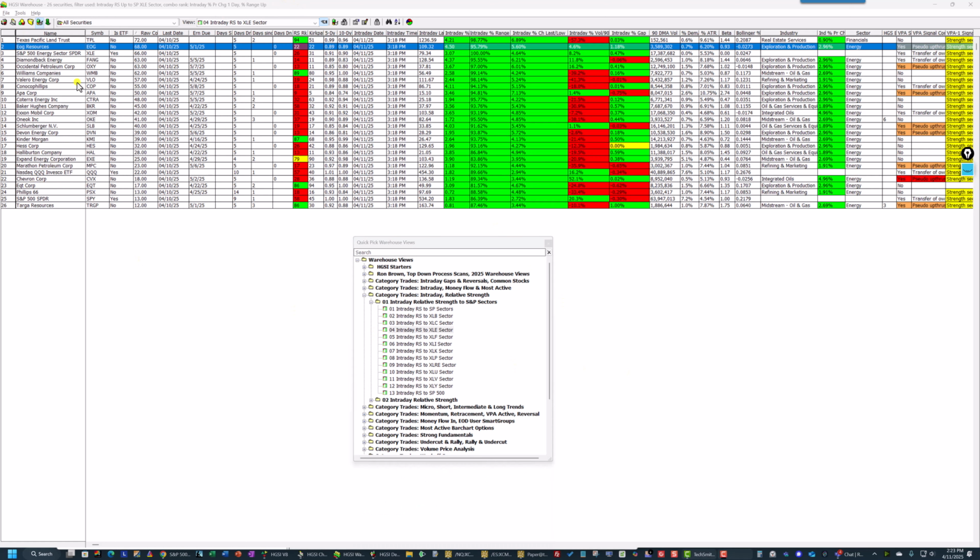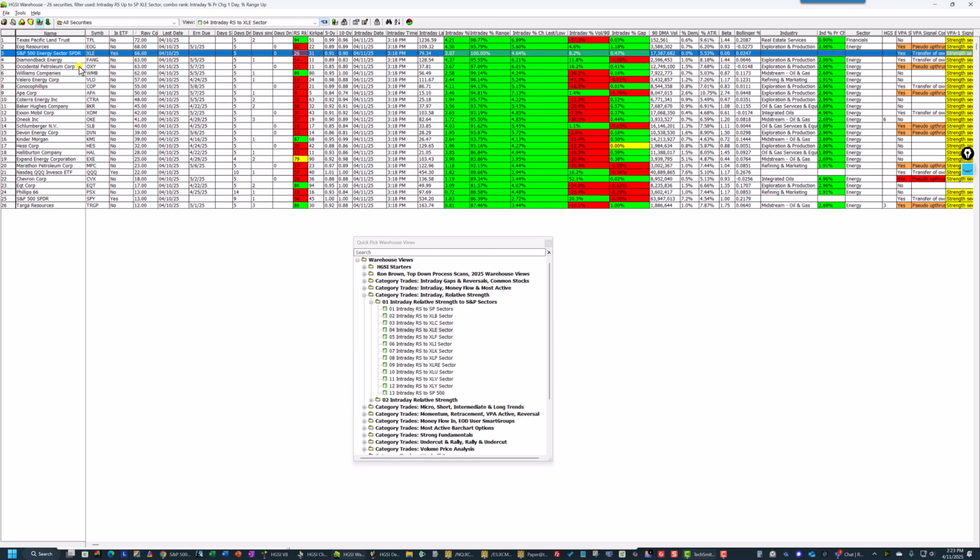Now I paused the video for a second because I had forgotten to add the energy sector spider in here, because I want to see how these stocks' relative strength intraday, based upon the combo ranking, compares to the index itself.